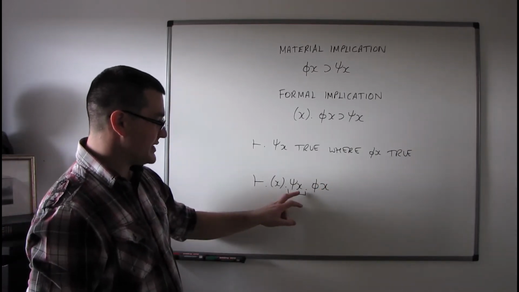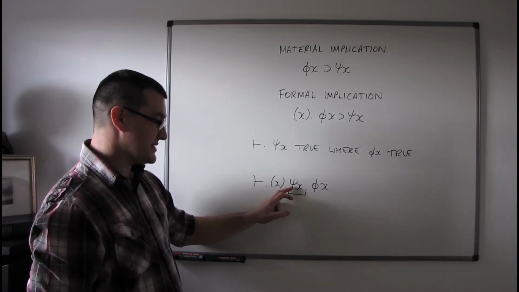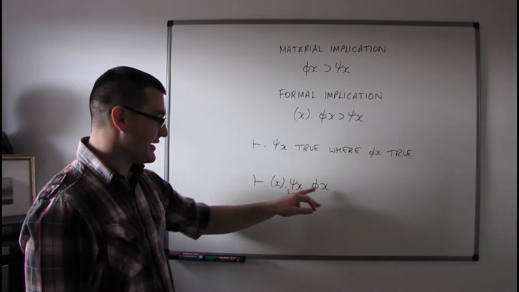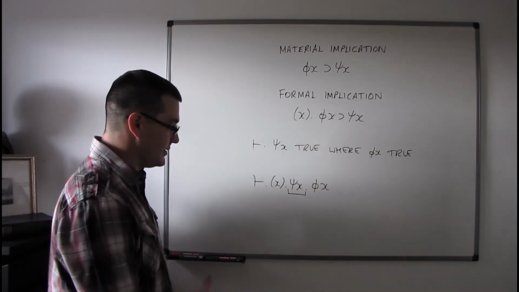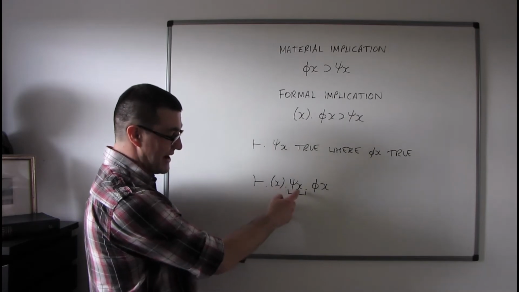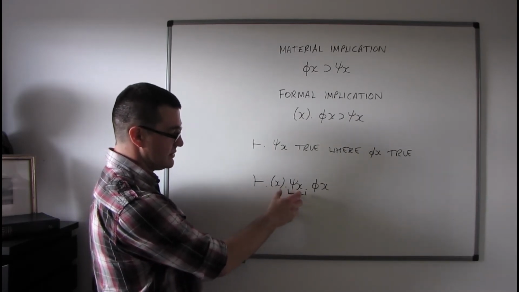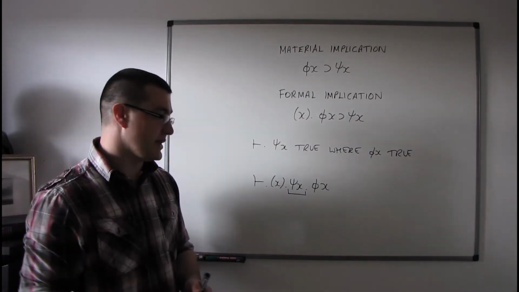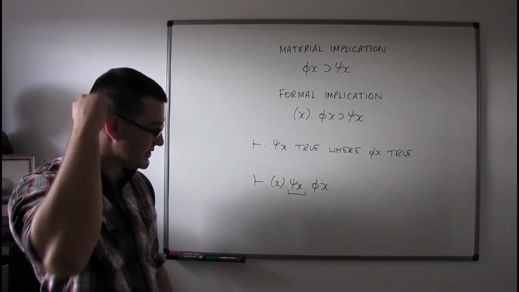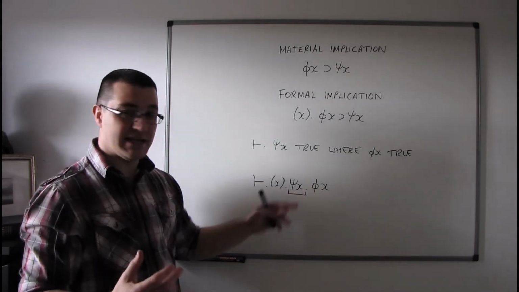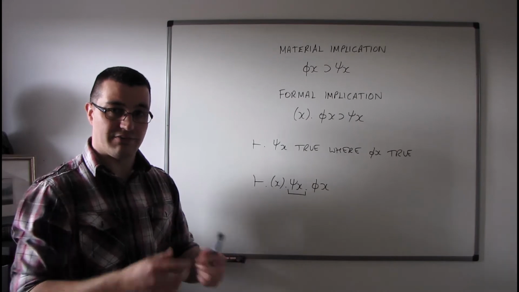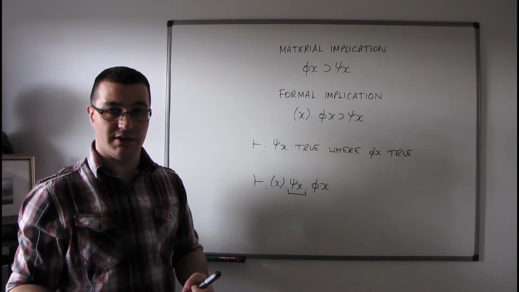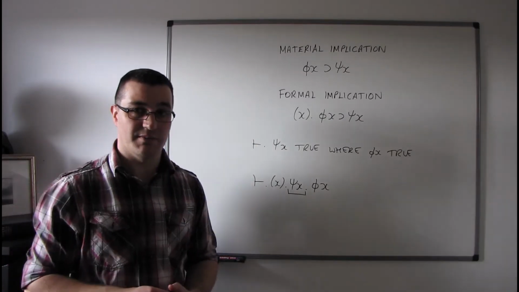Also, even though I'm using x here as the variable for the psi and x here for the variable of the phi, these variables have nothing to do with each other. For a start, the x here is an apparent variable. The x here is a real variable. So they have nothing to do with each other. This might seem a little strange, using the same letter for different variables that have nothing to do with each other, but this is quite a common feature of the notation in Principia Mathematica.